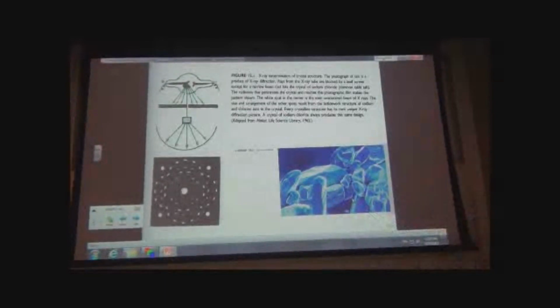Now, the regular arrangement of atoms in these crystals or in any material can be determined by something called X-ray diffraction. X-rays are basically electromagnetic radiation. They're like light, but they have much higher energy, very high frequency. That's the reason why, if you go to the dentist and they take X-rays of your mouth, right?